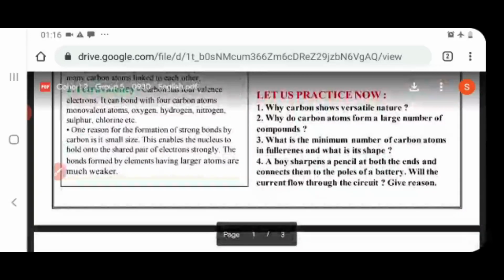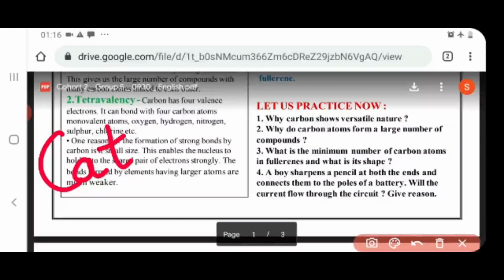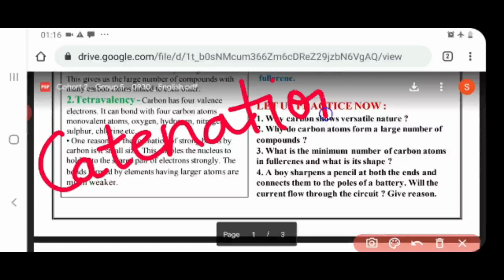So we have two properties by which we can say that carbon is versatile in nature, catenation and tetravalency.